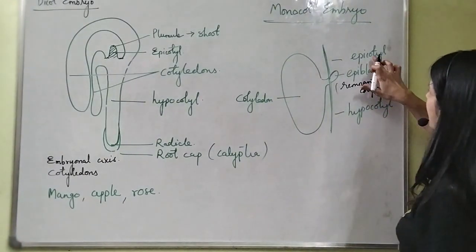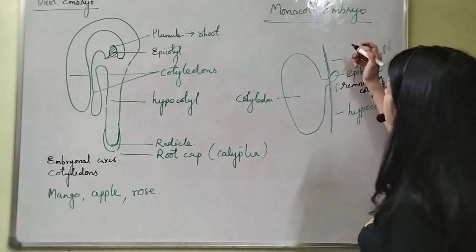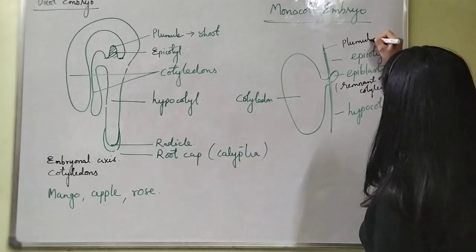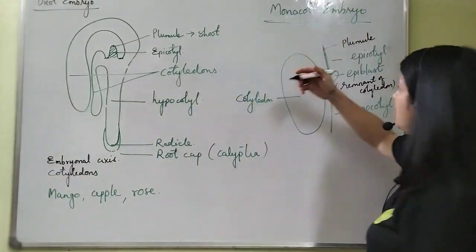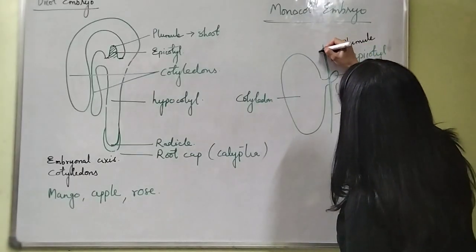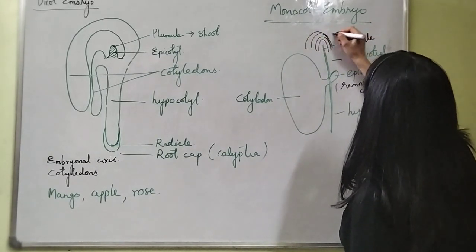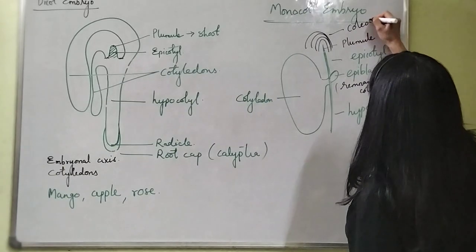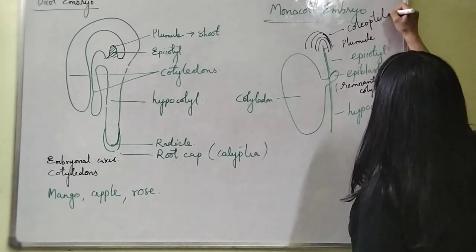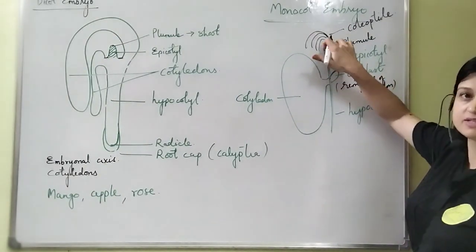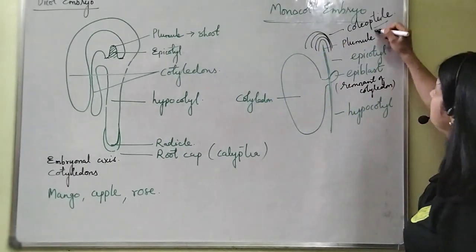Now here we will see the epicotyle. It terminates at plumule. So here we will have plumule, which will later on develop into shoot. And this plumule is covered by hollow leaf-like structure, which is known as coleoptile. ये याद रखेंगे बेटा. In grasses, the plumule, it is covered by hollow leaf-like structure, which is known as coleoptile.